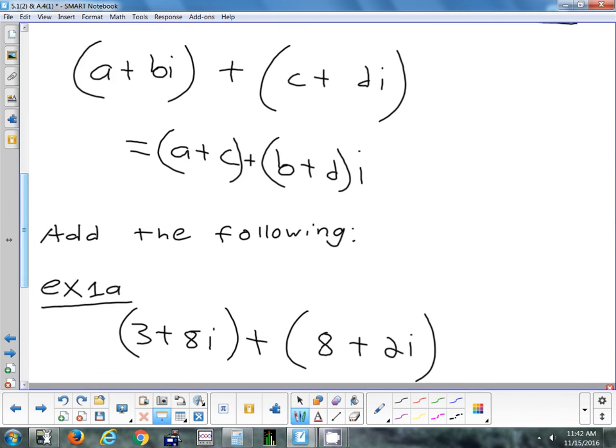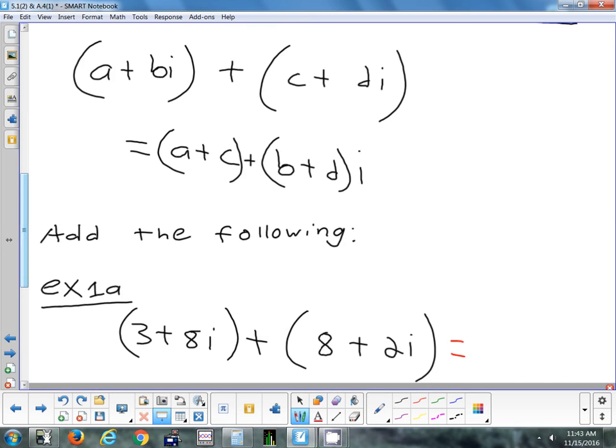So let's try adding those two complex numbers up. It says 3 plus 8i plus 8 plus 2i. So Sam, if I add these together, what's the real part going to be? The first one has a real part of 3.